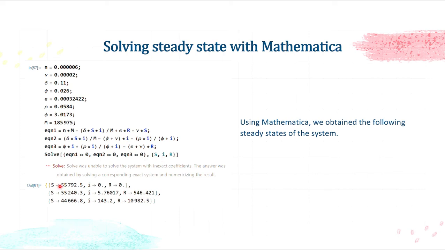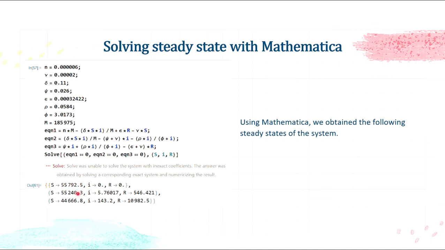We obtain that S has the following value: 555,792.5, I is 0, R is 0. That's the first steady state.